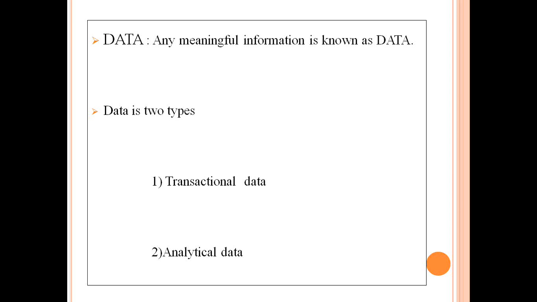Any meaningful information is known as data, like if you take a bus ticket or train ticket, anything having meaningful information. Here we have 2 kinds of data: one is transactional data and another is analytical data.